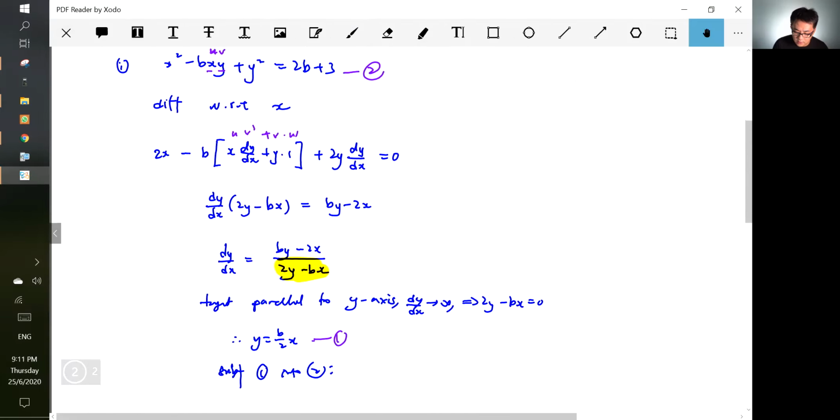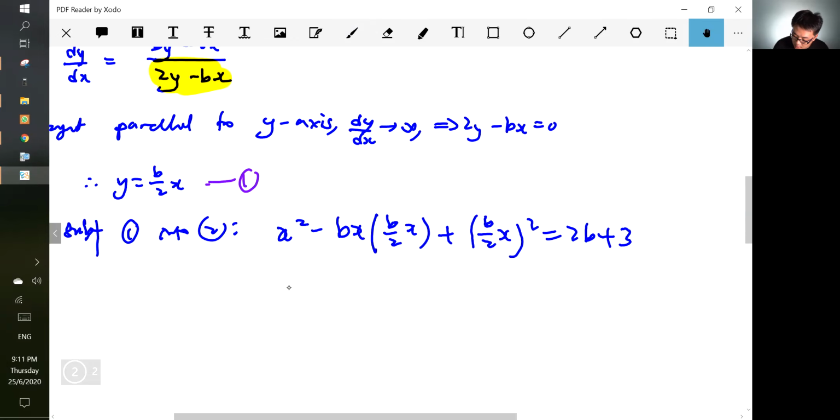Okay, the rationale is because of what I just showed you, but typically it is not understood clearly because you don't visualize it as a graphing problem. If you visualize it as a graphing problem, it's much easier. This will be x squared minus bx, b over 2 x. My goodness, I am doing it very slowly, painfully. Okay, so this part here is okay lah. So x squared minus b squared over 2 x squared.